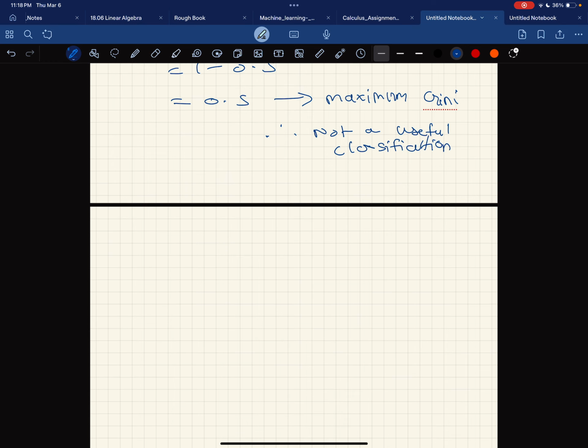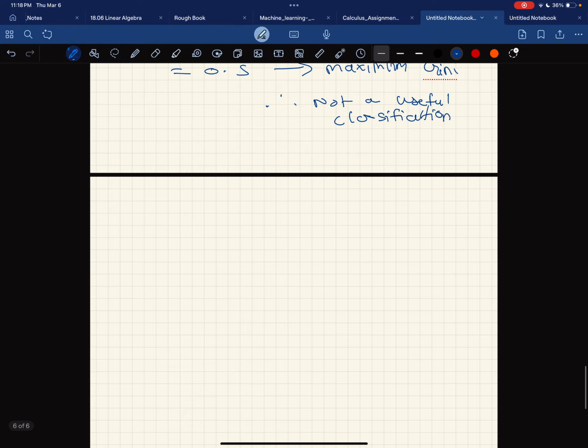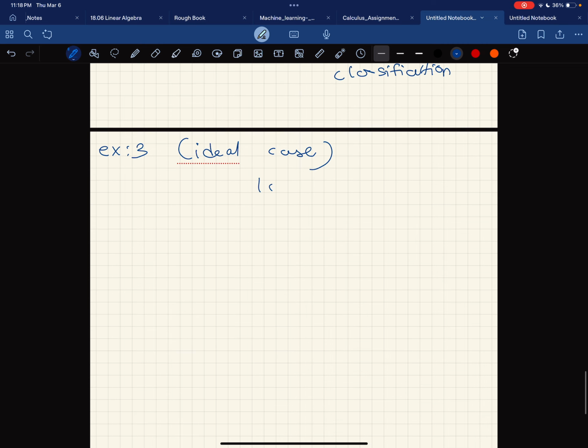Let me show you how that would look, so it would create the understanding. Example 3, ideal case. If there were 10 samples, we got 8 yes, 2 no's.